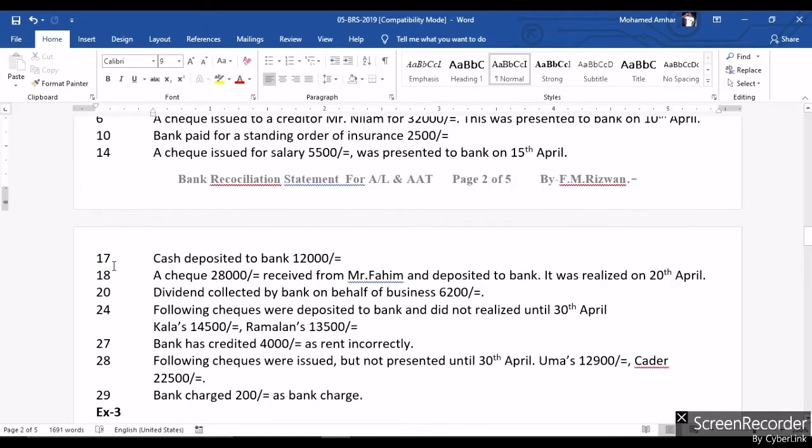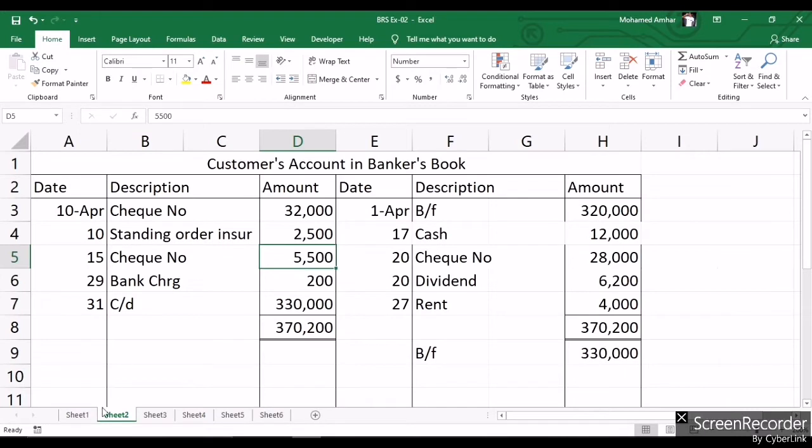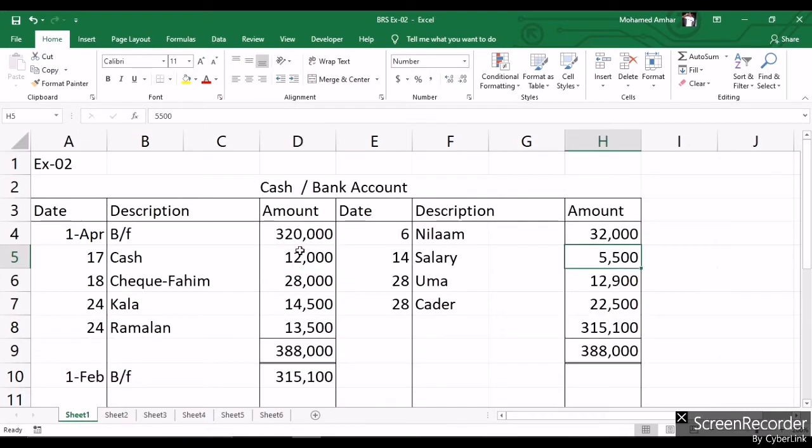Next date is 17th. Cash deposited to bank 12,000. So cash deposited would be recorded on the debit side here on 17th. Cash, how much deposited? 12,000.